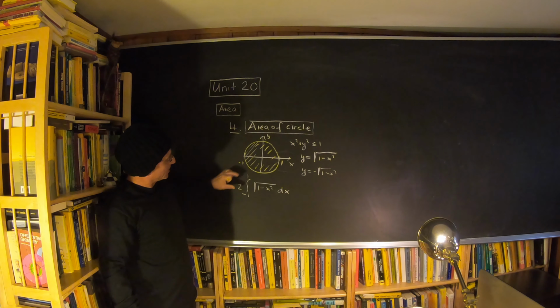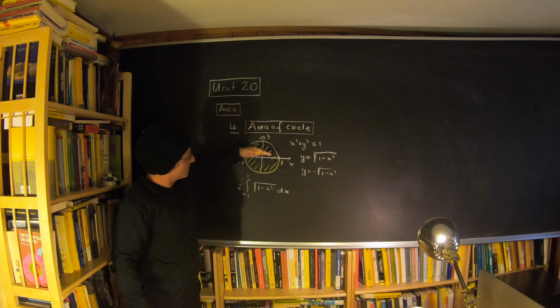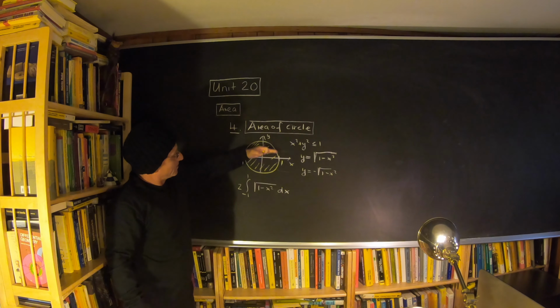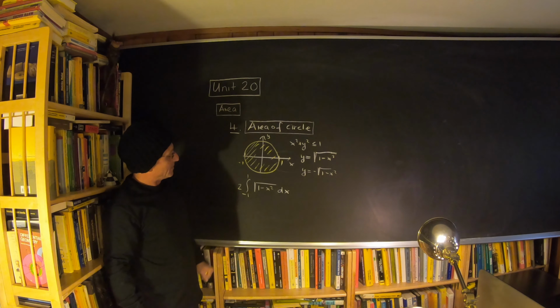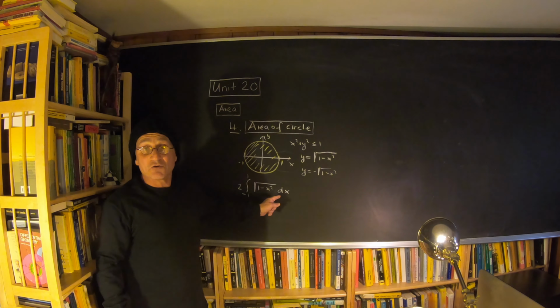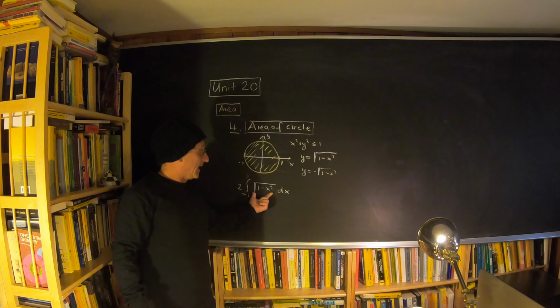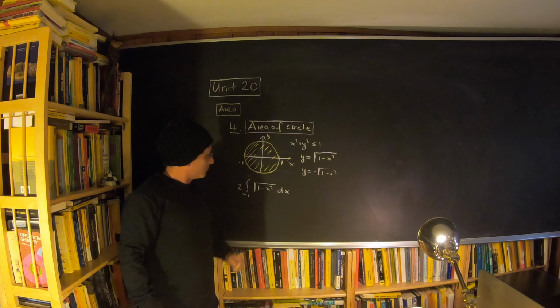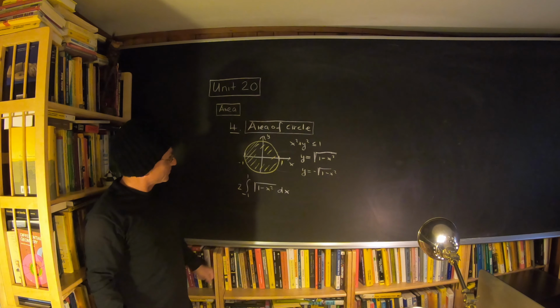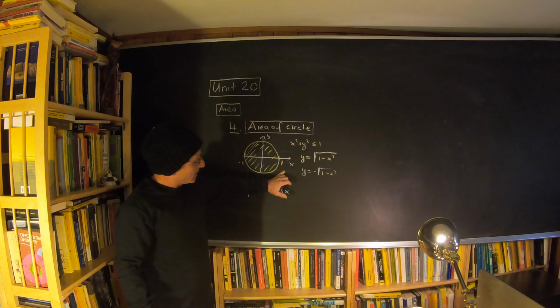So in some sense you can also understand it as 2 times the area under this curve, which is the upper part of the circle, and then we just multiply by 2. Now this is an integral which we don't know. We learn a technique to do that later in the course. It needs a clever substitution, and we are not yet there.